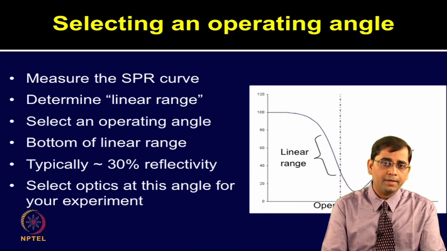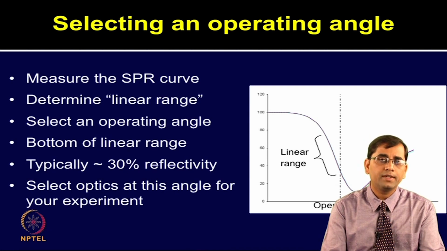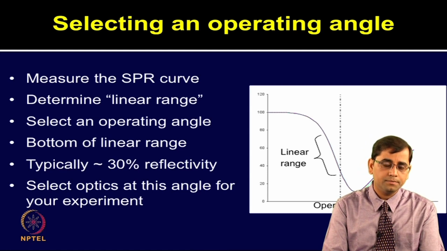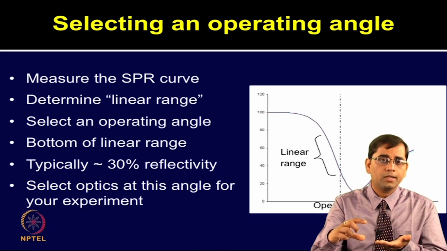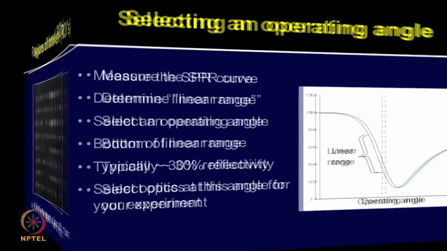There are some rough estimates that typically around 30% of reflectivity can be taken at the bottom part, which represents the linear region. Select the optics at this angle for your entire experiment, so that all spots printed on the chip surface can be measured simultaneously.